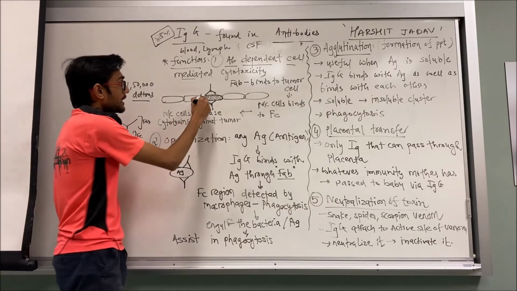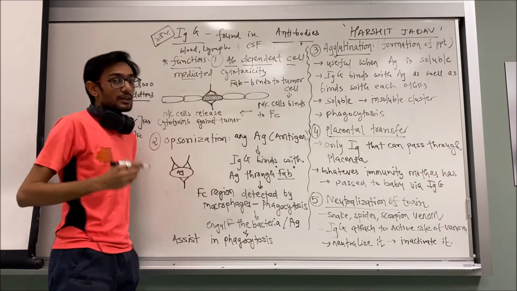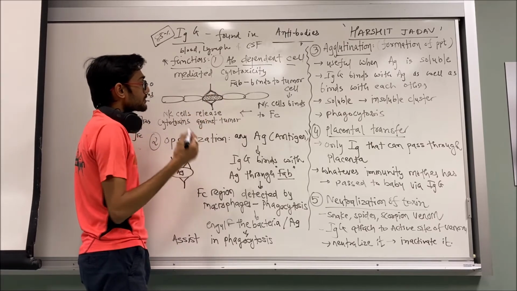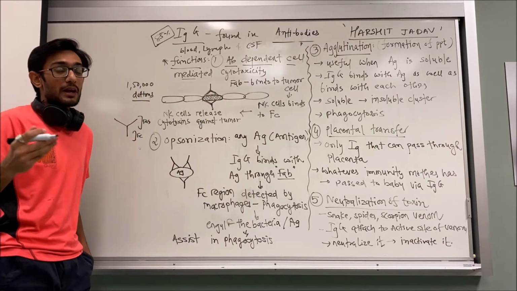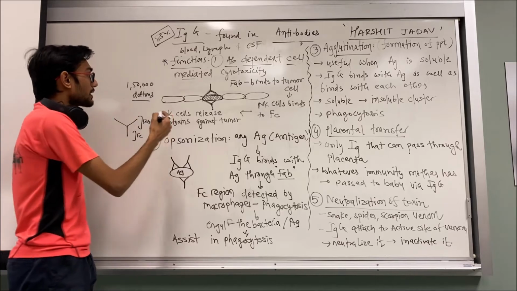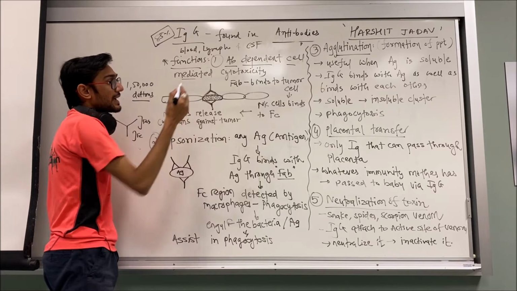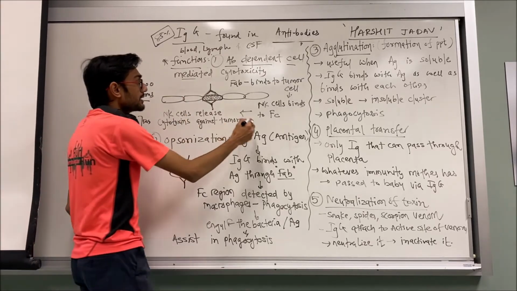So what happens? This Fab region binds to the tumor cell. Now what happens when the Fab region binds to the tumor cell? Here come the NK cells. The NK cells come and bind with the Fc region.